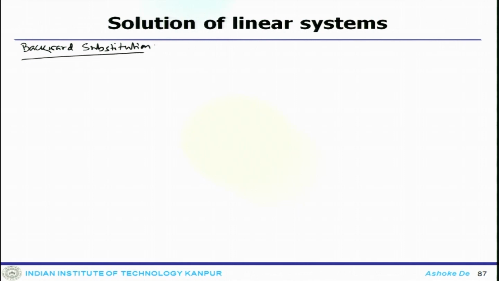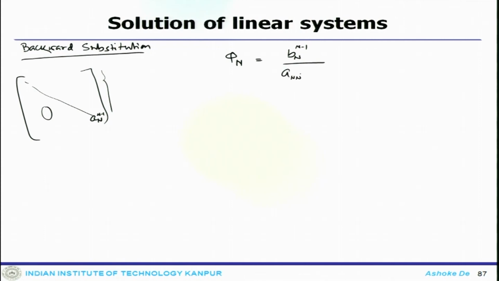So, what happened when you have modified that term, if you look at that system, here is 0 and here is the modified coefficient, connected with these variables. So, one can obtain phi n equals b n (n minus 1) divided by a n n (n minus 1). So, using this you can obtain that phi n.